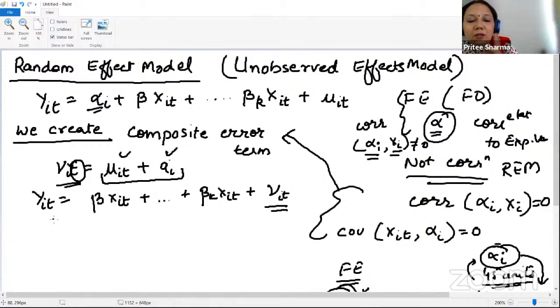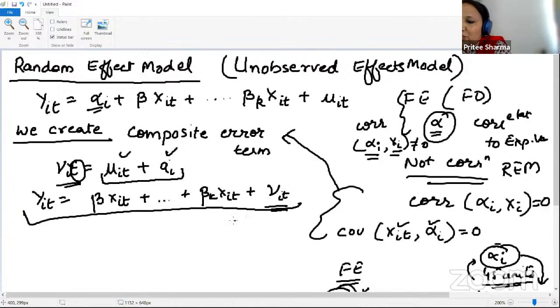And also we know that the intercept terms are not correlated to the explanatory terms. That is why it makes it easier for us. Now, with this, we can solve this equation with the generalized least square method.